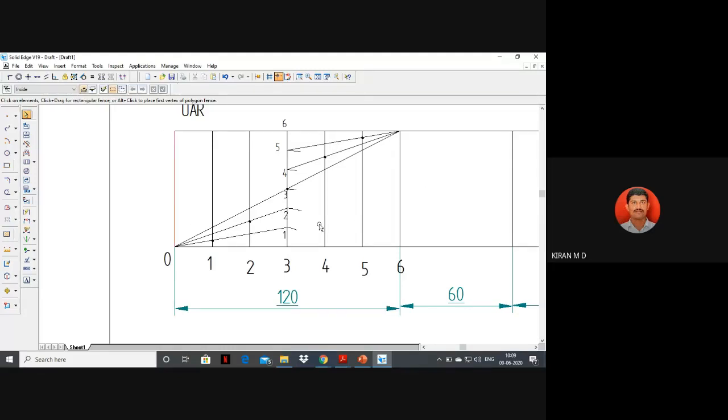So now, take a smooth curve. You draw the curve line to join these points.